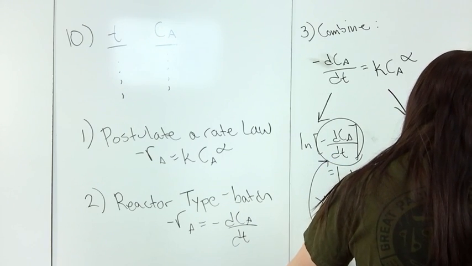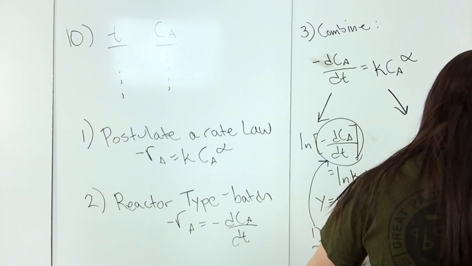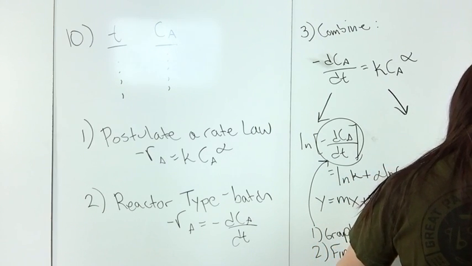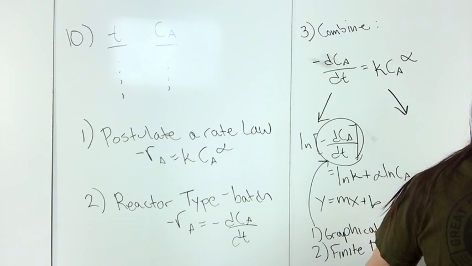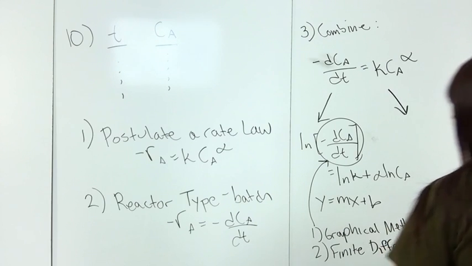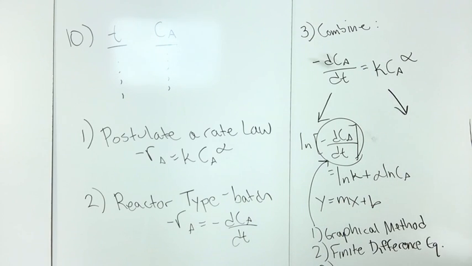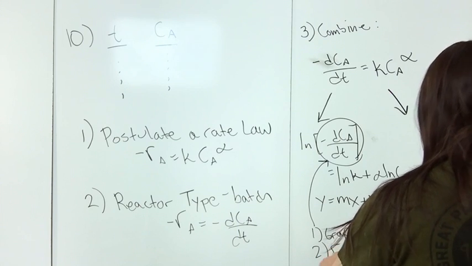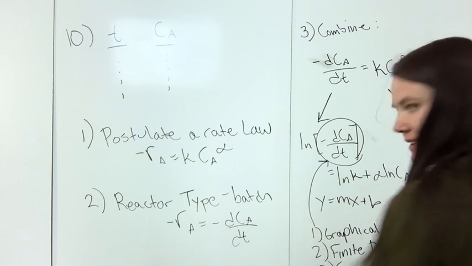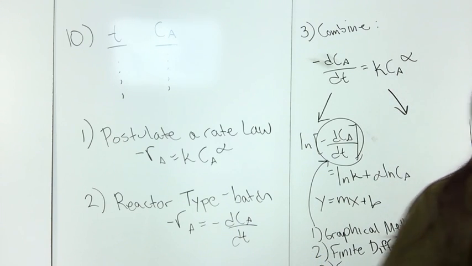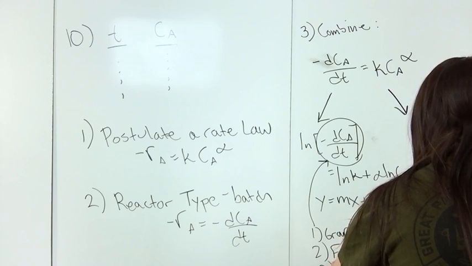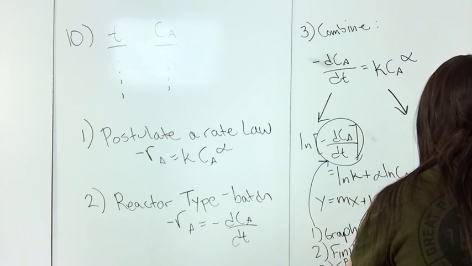But you can also use the finite difference equations, and those are in your book, so if you look those up, that's just plug and chug. And then for number 3, which I'll write really small up here, polynomial.